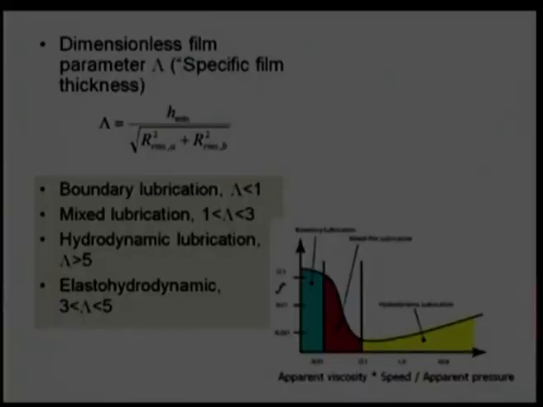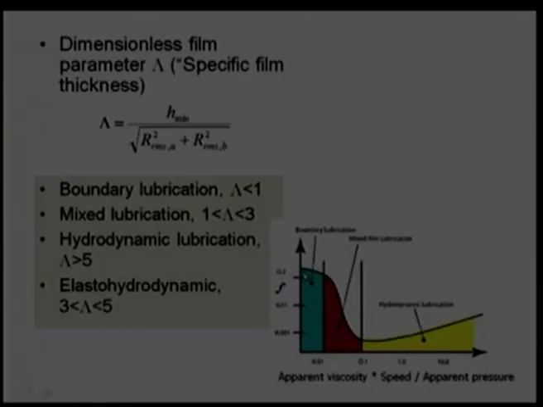Now, when we plot coefficient of friction against this Sommerfeld number, we find that when the Sommerfeld number is low, coefficient of friction is high, and that signifies boundary lubrication. In boundary lubrication, coefficient of friction is relatively high. However, there is a lot of discussion on whether the coefficient of friction really starts that low.